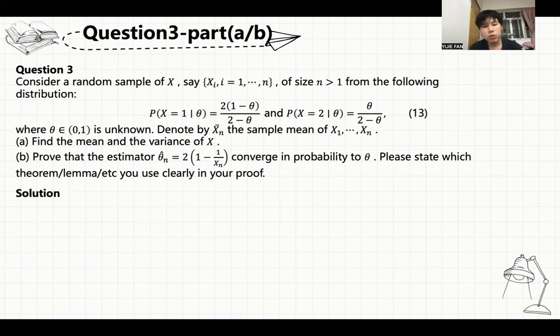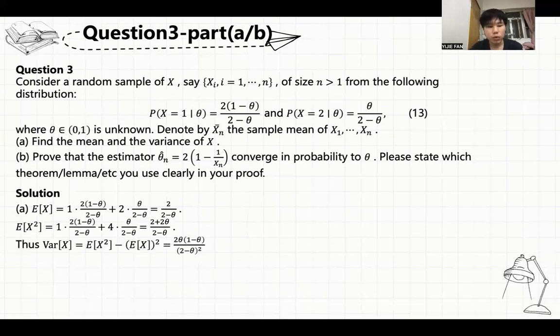Okay, and now we move to the final equation. In part A, we need to calculate the mean and the variance of x. To calculate the variance of x, we need to calculate EX and EX square.